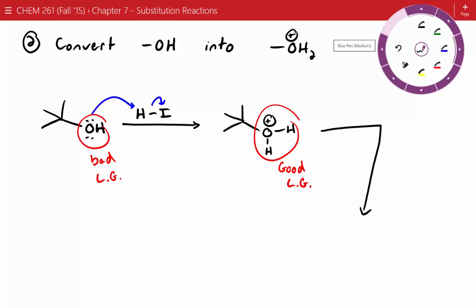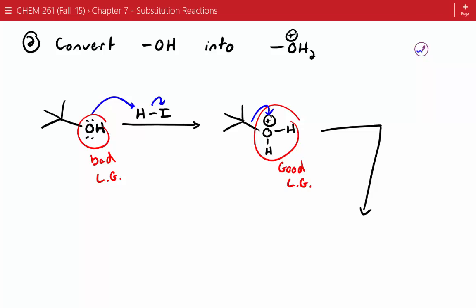So we can draw the leaving group falling off. Now we've got our stable carbocation, because it's tertiary. We've got I minus floating around that was left over from this first step. Sorry, I thought I said Br minus; confusing my halogens.